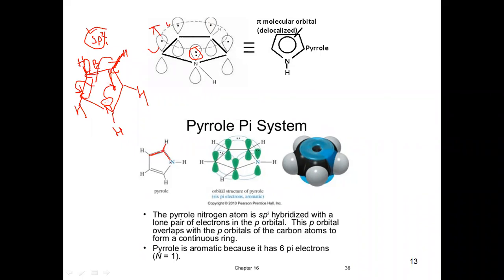So three sigma bonds are there. You can simply see the sigma structure for the pyrrole ring. It's very simple. There is a carbon, this nitrogen, and again this one. So this is the first sigma structure, you can say.